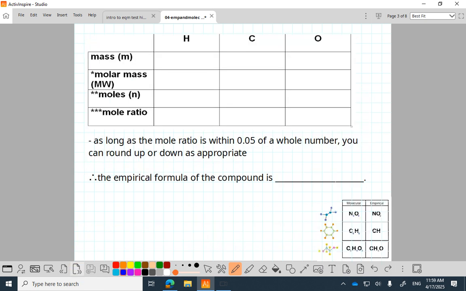Okay, so sometimes people are very, very particular and they want you to assume a 100 gram sample. Usually I'm okay with just plugging in the numbers. So hydrogen is 2.2 grams. Carbon is 26.7.